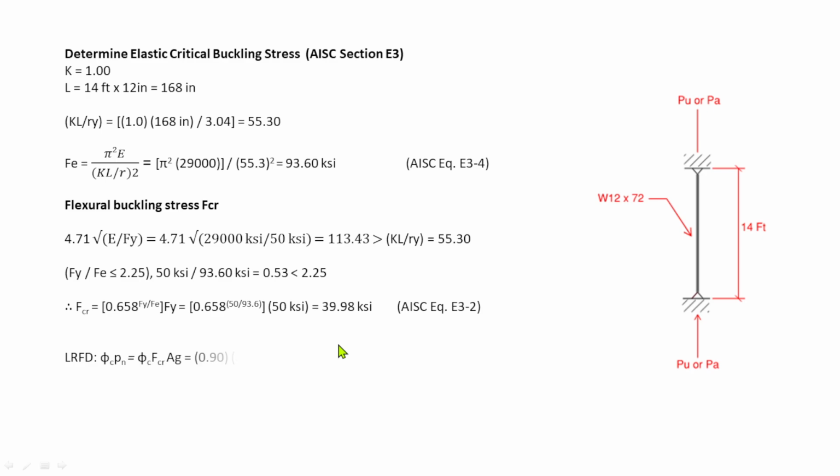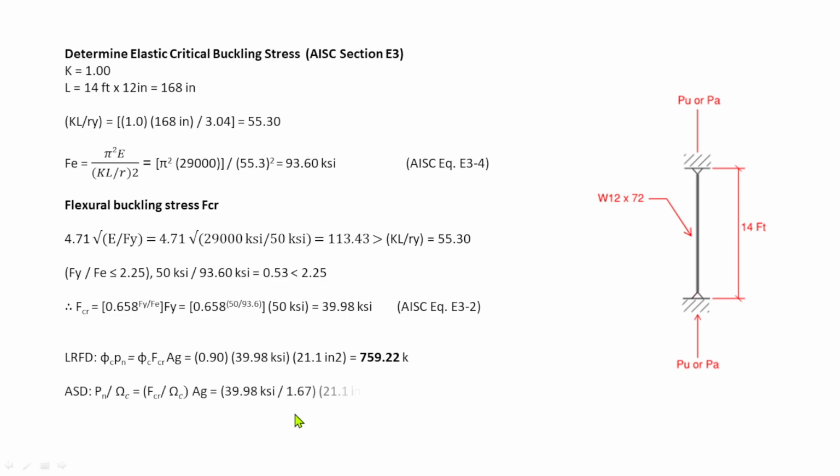Now we can proceed to calculate the LRFD design strength, which is phi FCR times the area of the steel. So 0.9 times 39.98, which is this one here, times 21.1, and that is equal to 759.22 kips.